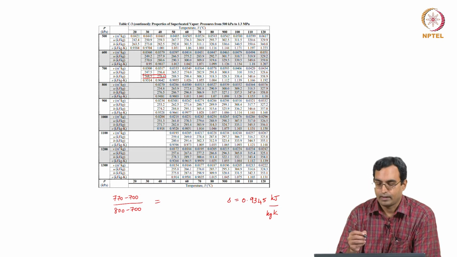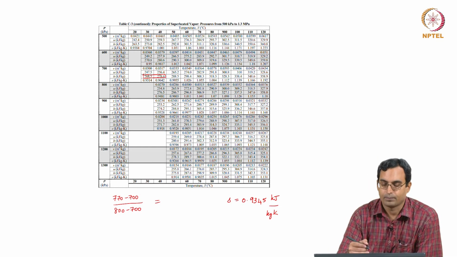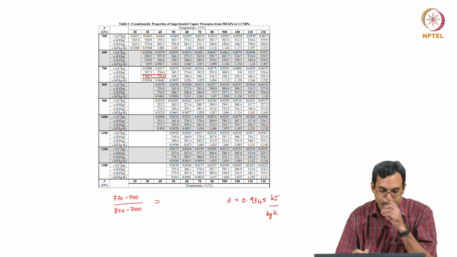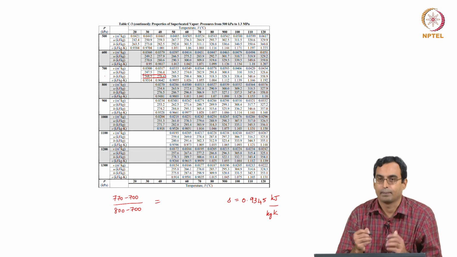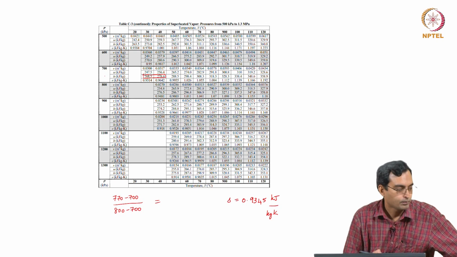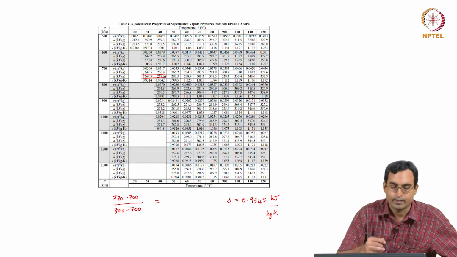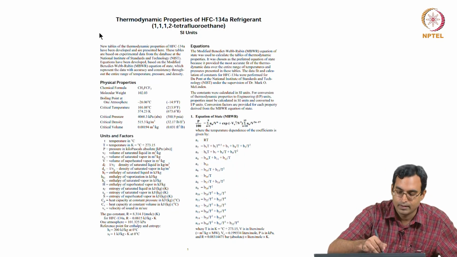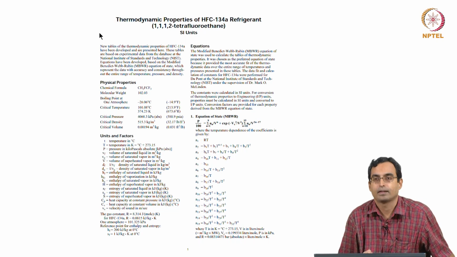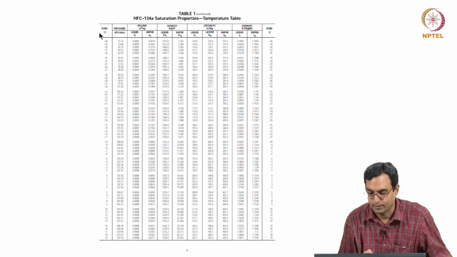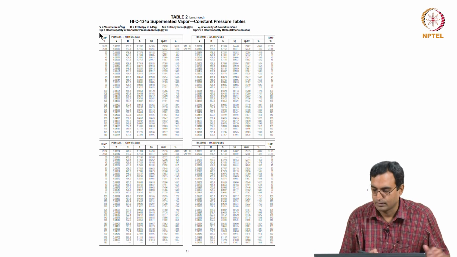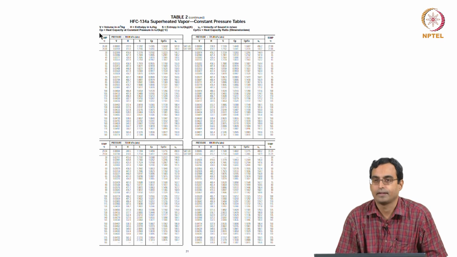The reason we are doing this for this particular problem is that we do not have the value directly listed on this table. But what I can also do, since at this moment I have access to another table which is more detailed, is to see whether the values are listed here in this other table. So, what I am looking for is actually 770 kilopascals.